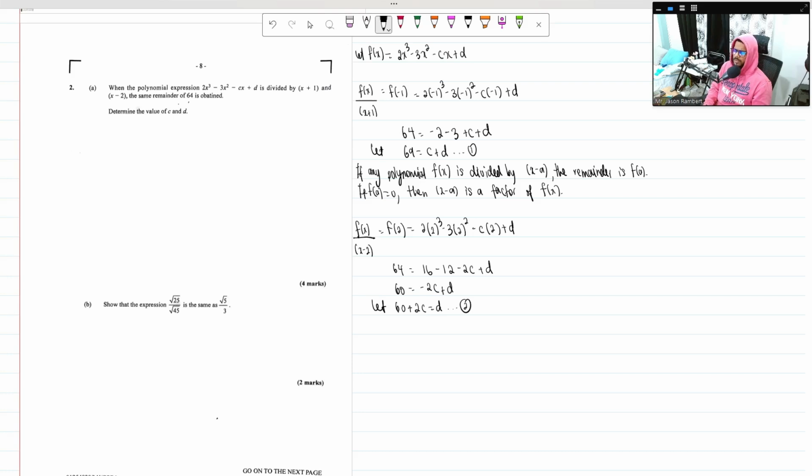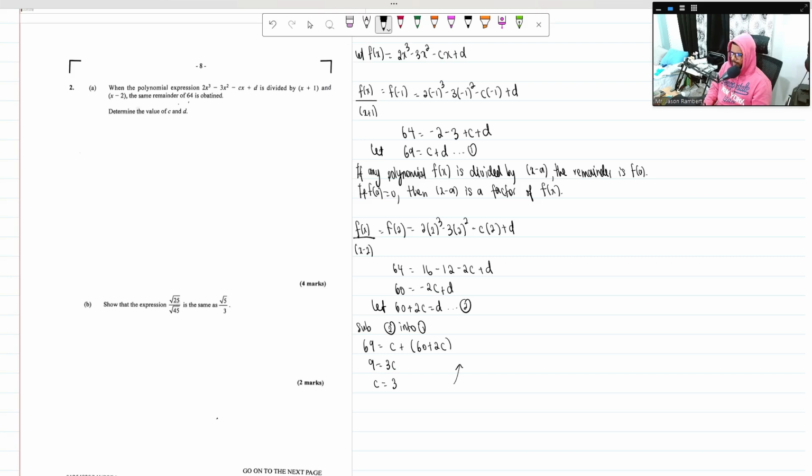I'll substitute 2 into 1. I'll get 69 is equal to c plus d, which is 60 plus 2c. Rearranging, 69 take away 60 is 9, equal to 3c, and c is equal to 3.